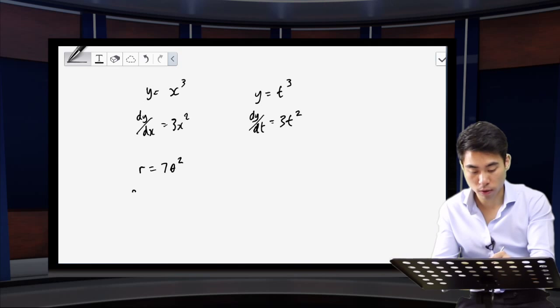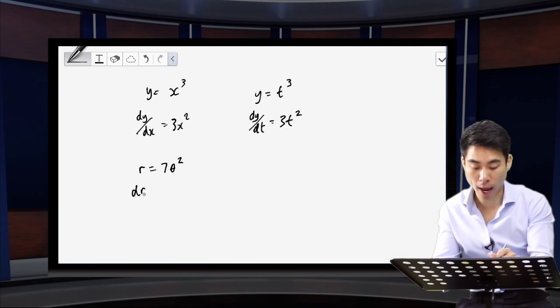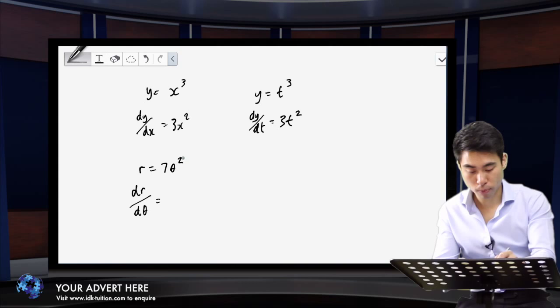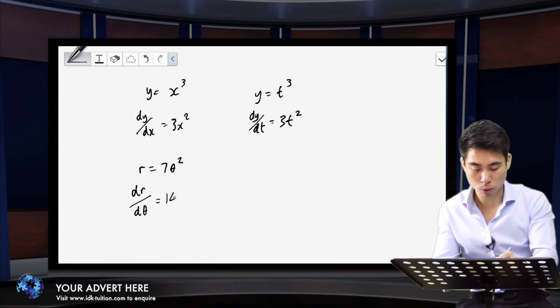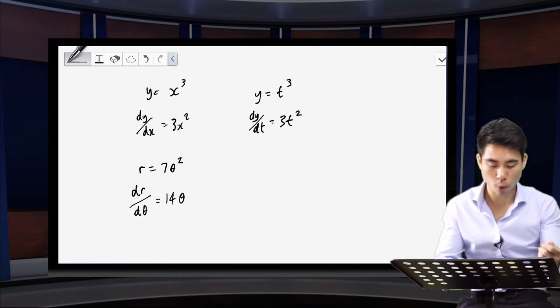In this case, your first derivative would be, you notice here I've got y on the left hand side, y is on the top here, I've got r on the left hand side here, I'm going to have r on the top here, and that's going to be differentiated with respect to theta. Bring this 2 to the front, gives me 14 theta, decrease the power on my theta by 1, so this 2 now becomes a 1. Don't really need to write 1 up there, it's just going to be 14 theta.